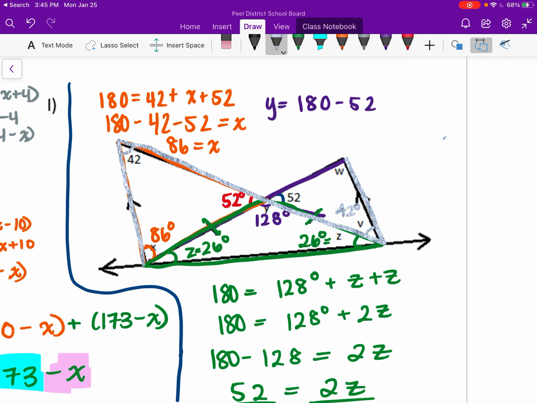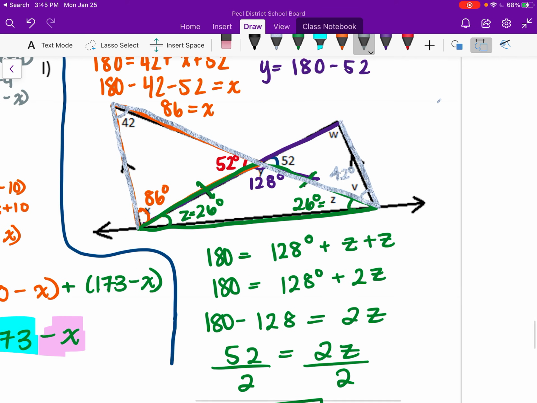So if we know that's 42 degrees, I can find out what W is now. I'm going to go find the purple triangle here, right?